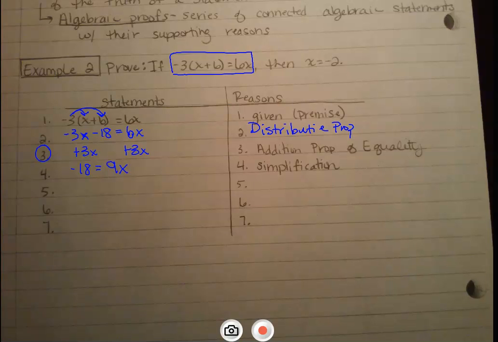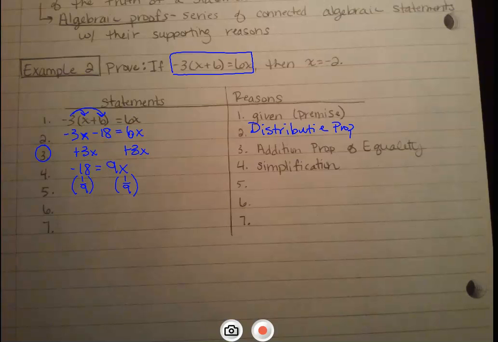Some of you might say divide by 9. The only problem with that is we don't have a property. So what's the opposite? What did we say division was? It was the multiplicative inverse, or the multiplication property of equality. So we can multiply by 1/9, which is the same thing as dividing by 9.